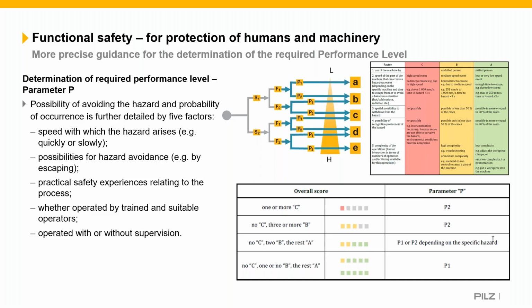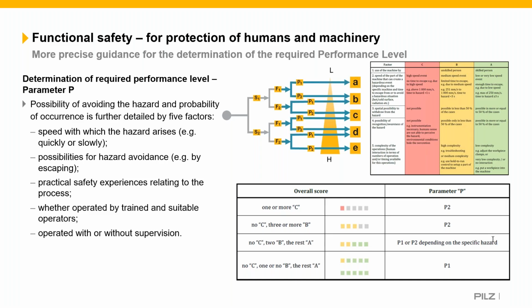The key part comes to the table at the bottom. If any one of them factors results in a red outcome, so something from column C, you're in P2. If 3 or more result in an amber or a B outcome, you're in P2. Slight ambiguity comes a little bit when you get 2 Bs and 3 As.